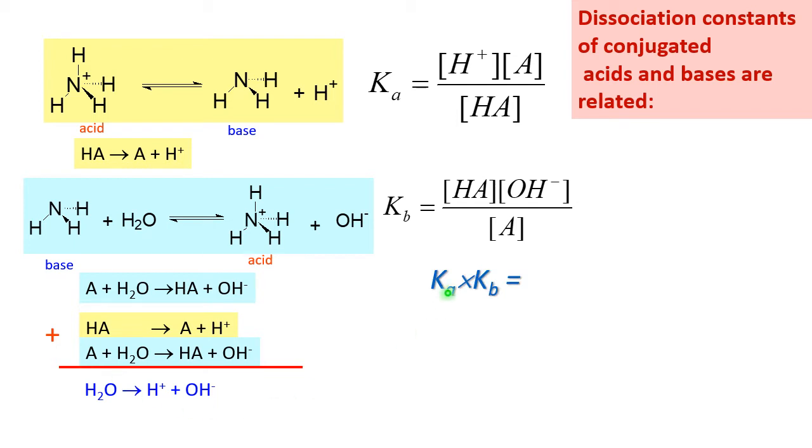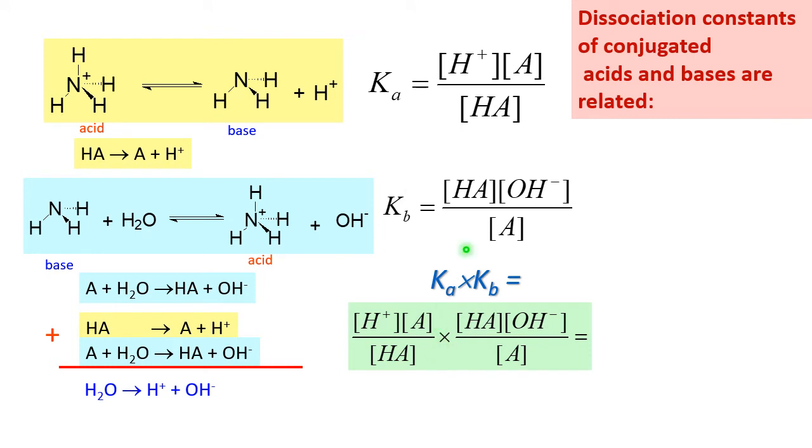Now, what about constants? We can multiply Ka by Kb algebraically. Taking this expression, multiplying by this expression. Above the line we have A, below the line we have A again.